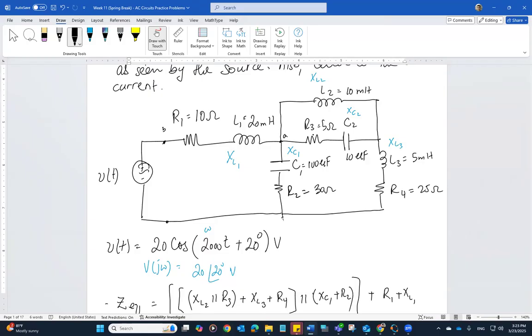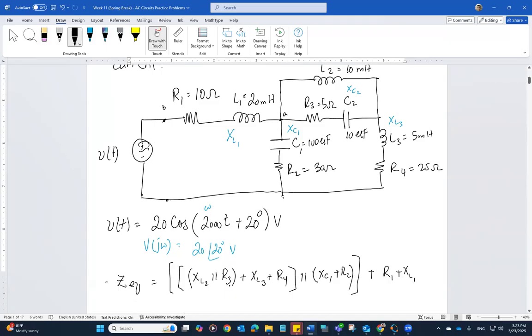Once again, XL2 parallel to, oh, I forgot that there is a C here as well. So R3 and XC2 are going to be in series with each other. So let me go ahead and rewrite that. R3 and XC2 are in series with each other, and then that will be parallel with XL2.